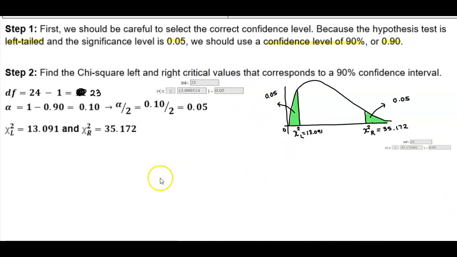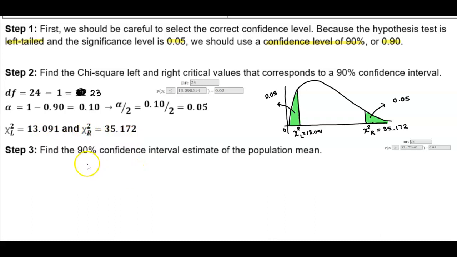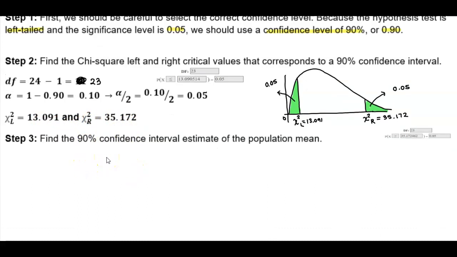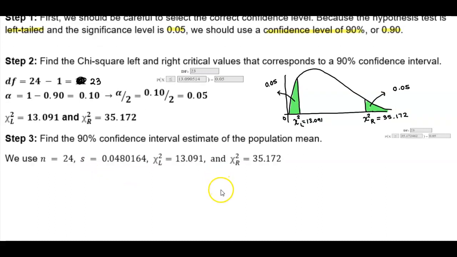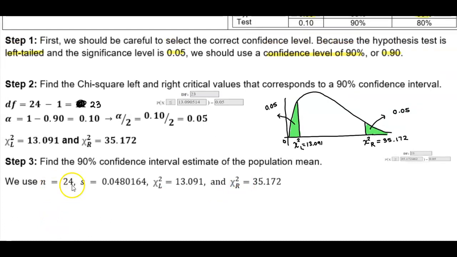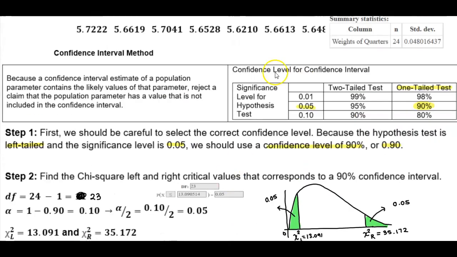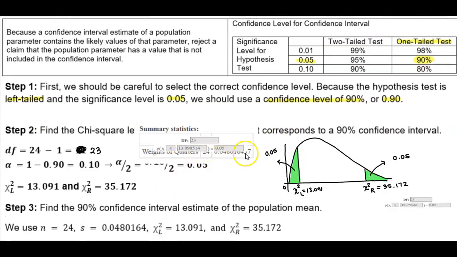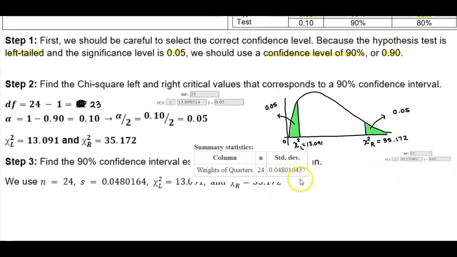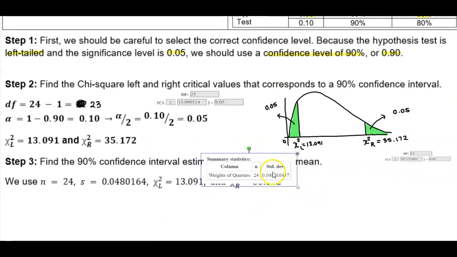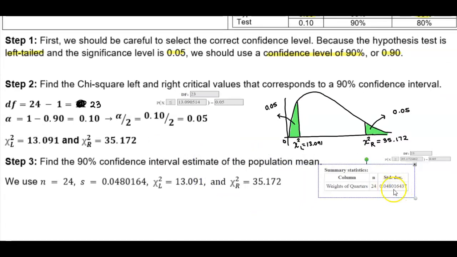So now that we found those critical values, we can proceed with our problem. Again, the critical value on the left is 13.091, and the critical value on the right is 35.172. Now we're going to find the 90% confidence interval estimate of the population standard deviation. What do we know? The sample size is 24, and from the very beginning, we saw that our standard deviation was 0.040164.